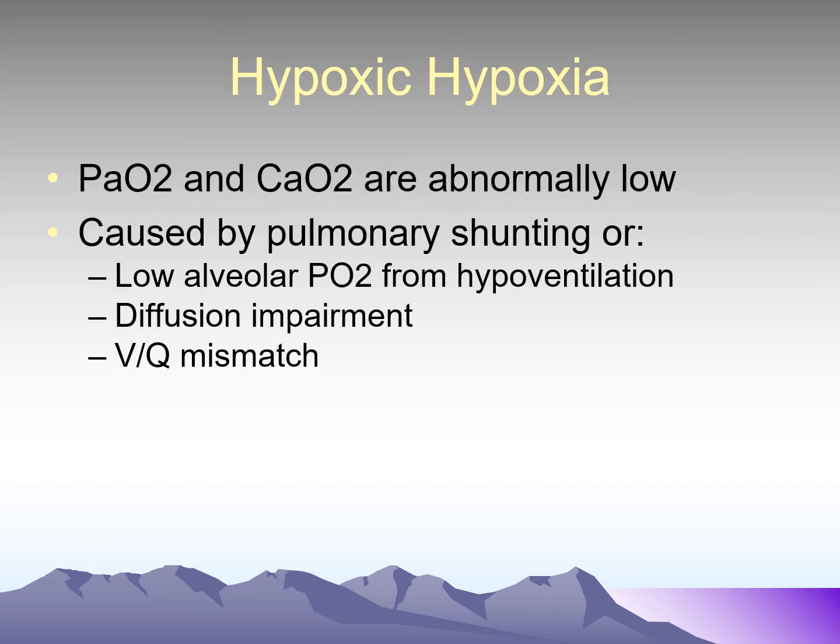Hypoxic hypoxia is inadequate oxygen at tissues caused by a low PaO2. So this can be caused by pulmonary shunting. It can also be caused from hypoventilation, so COPD patient, an overdose patient, neuromuscular disease, or high altitudes.